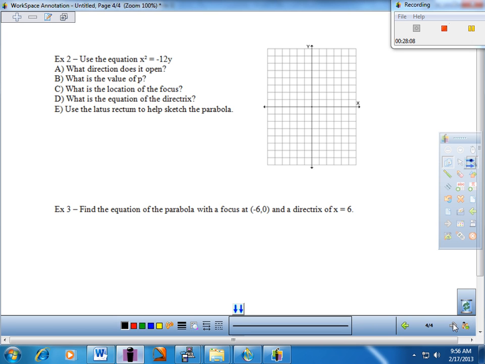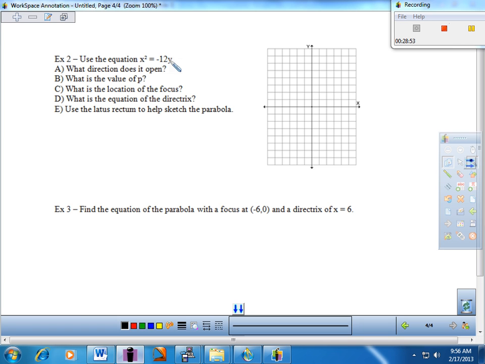Let's do it. So use the equation, x squared equals -12y. So parabola on the coordinate plane, vertex at the origin, looking great. The question is, of course, which direction is this going to open? Is it up? Is it down? Is it left? Is it right? Well, again, I focus just on this side of the equation, and I see that this is negative, and it's next to a y, and when I hear y, I think vertical.